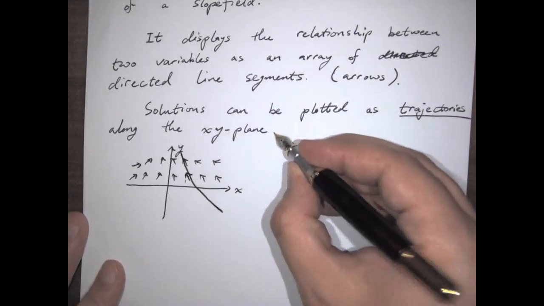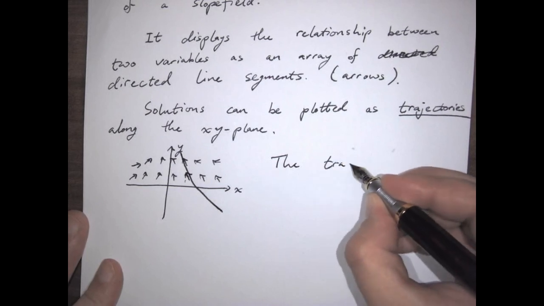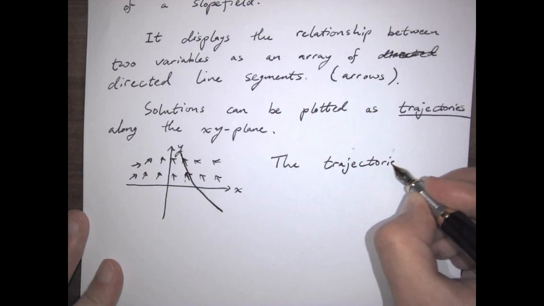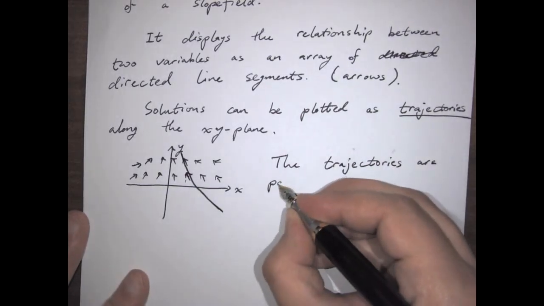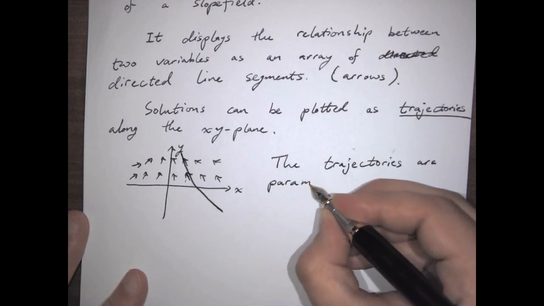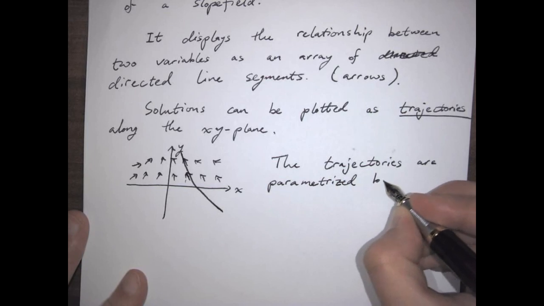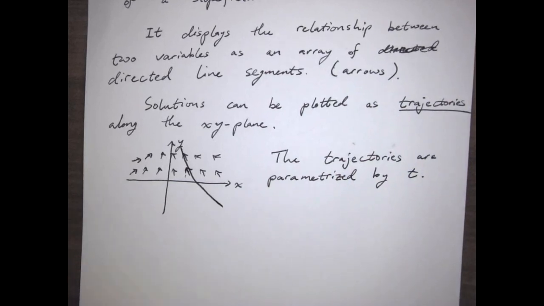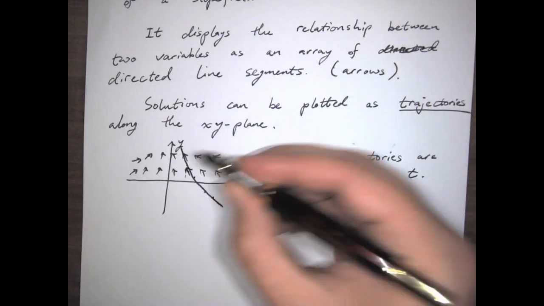And then the trajectories are parameterized by the variable t that x and y both depend on. Then what you can also do is what's called a time plot.